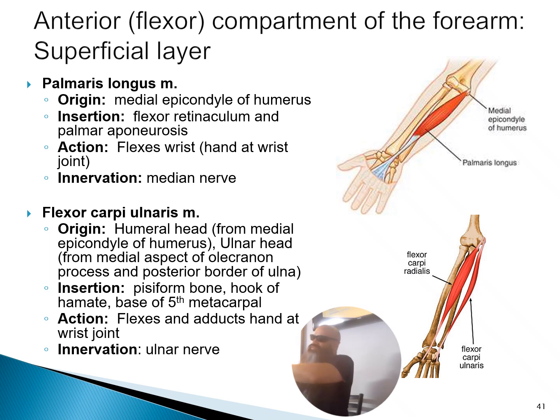Dorsal compartment are your extensors, anterior are your flexors. Let's try it again. Dorsal side, extensors. Volar side, flexors. Okay. It's just a bunch of muscles. They do basically the same thing, but you have to know where they are and how to differentiate them, and all that good stuff.